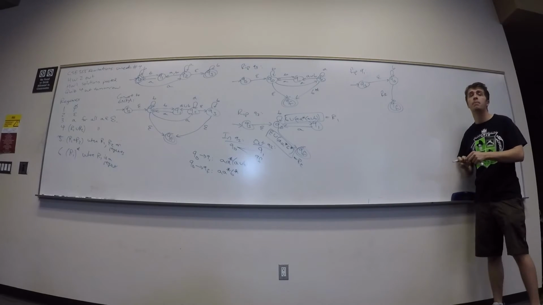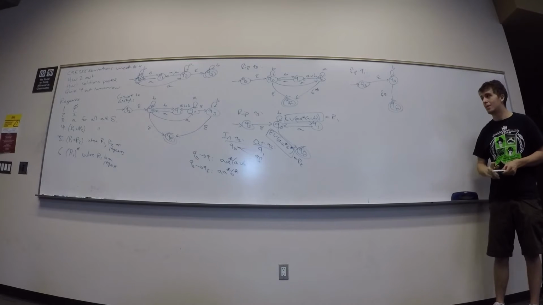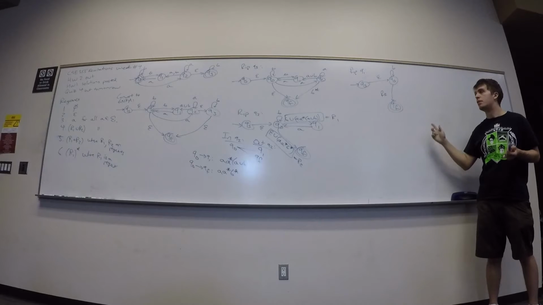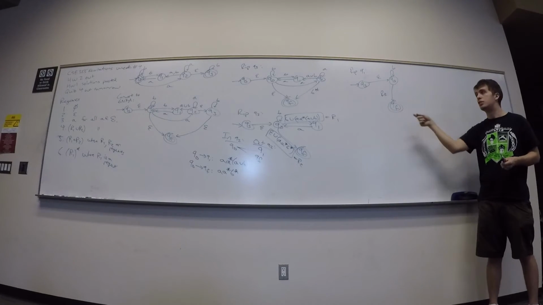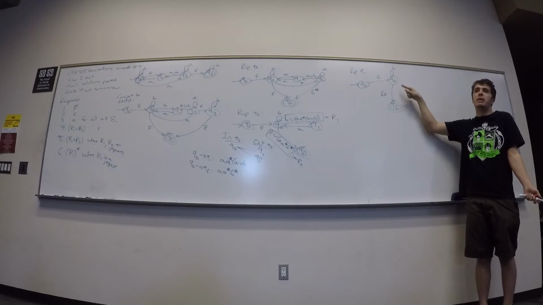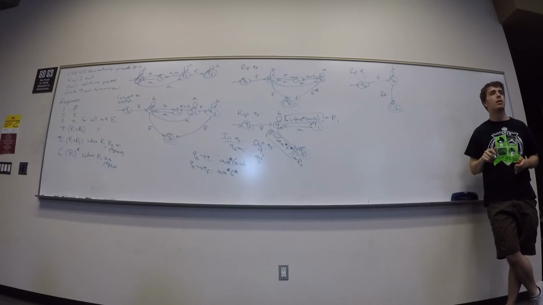So what are all the ways into Q1? Q0. Is there a loop on 1? Nope, there's no loop. Ways out of Q1 to go to somewhere else: to 0. So I think I'm only adding one transition on 0.